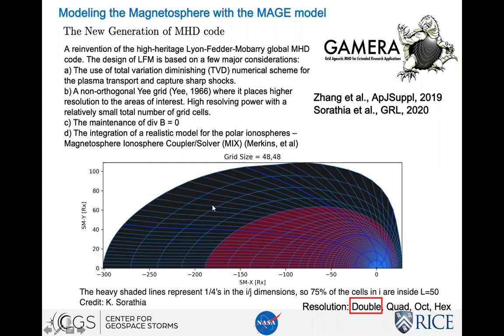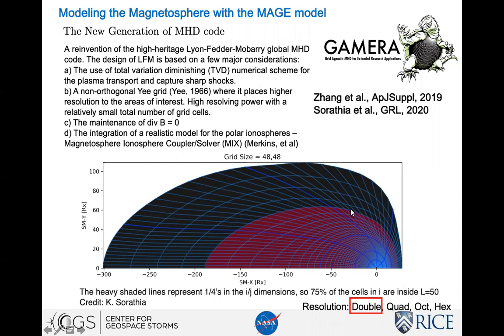For example, this is an IJ plane of the Gemera grid, which is using the lowest resolution, but you can still see we exert a very high resolution within the 50 R_E.